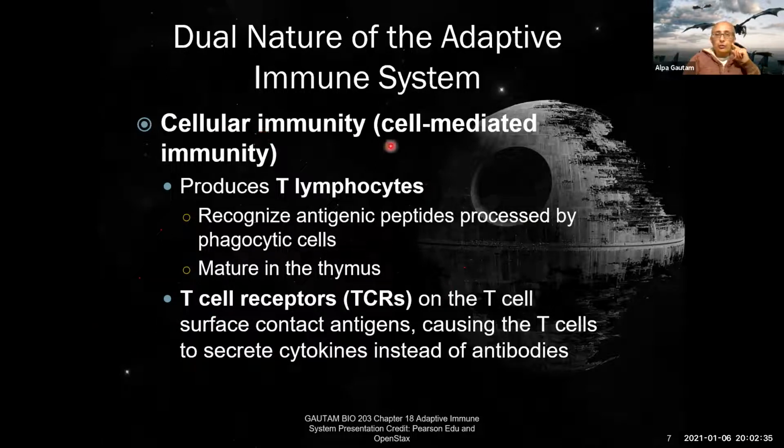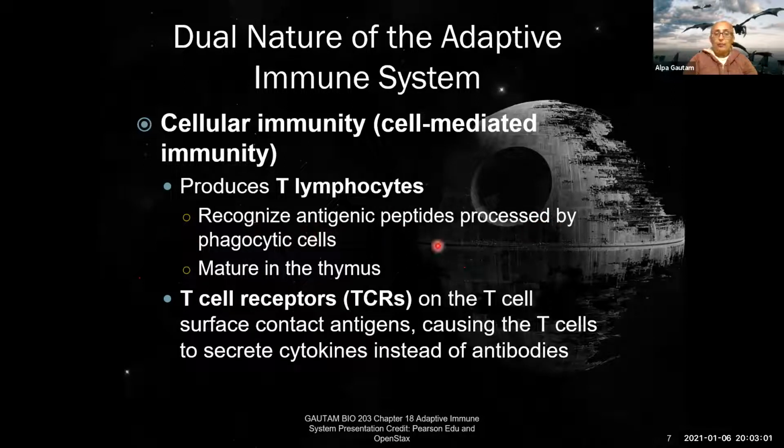The cellular immunity is immunity that's afforded by cells interacting. And T cells are part of the cellular immunity because T cells interact with other cells in order to have an immune response. That's what this is saying. T cells recognize antigenic peptides processed by phagocytic cells.